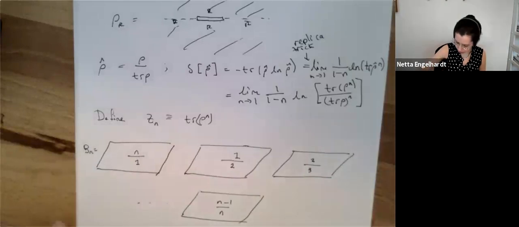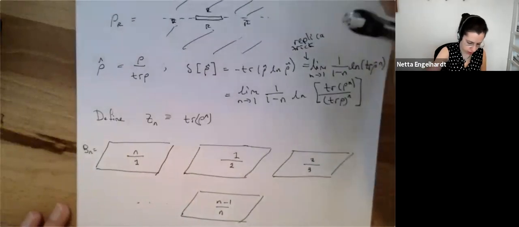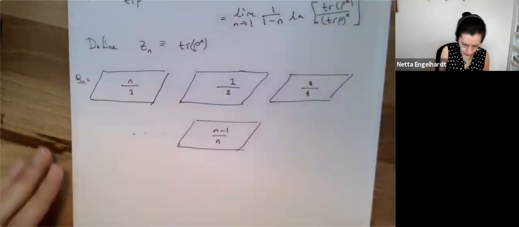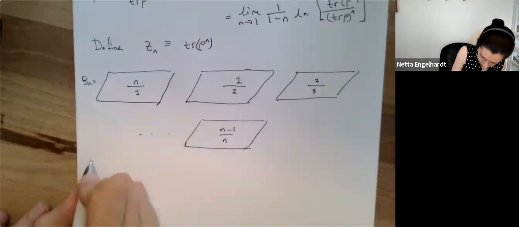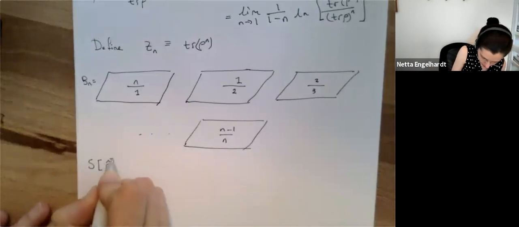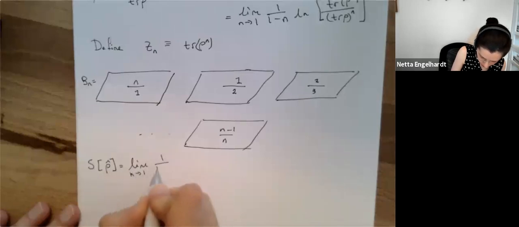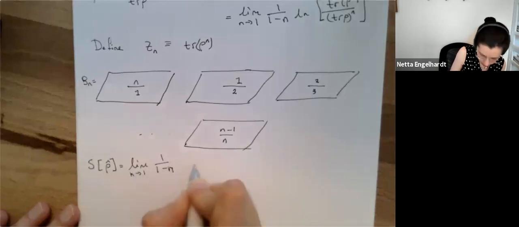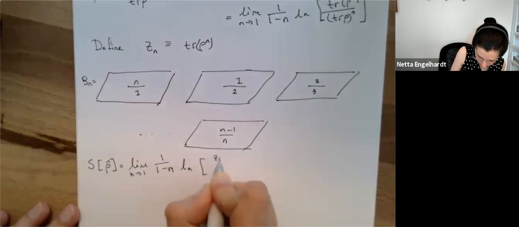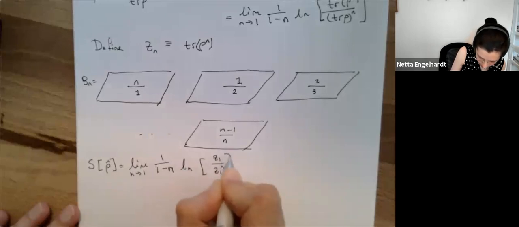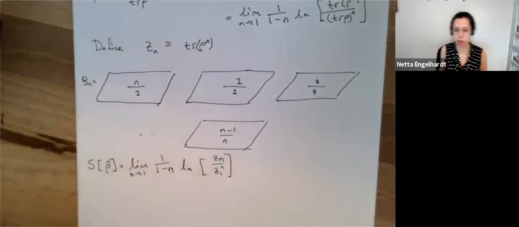So now we can write the von Neumann entropy, again, using the replica trick. S of rho hat is going to be the limit as n goes to 1 of 1 over 1 minus n, log of Z sub n over Z1 raised to the power n.